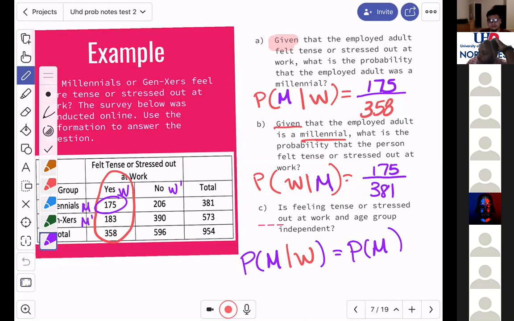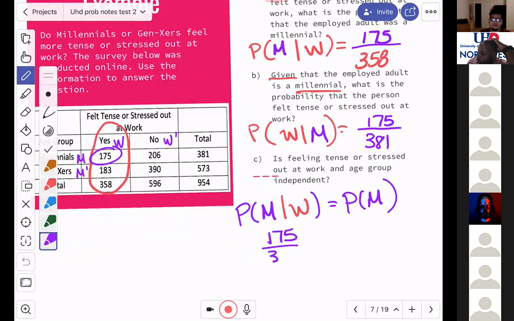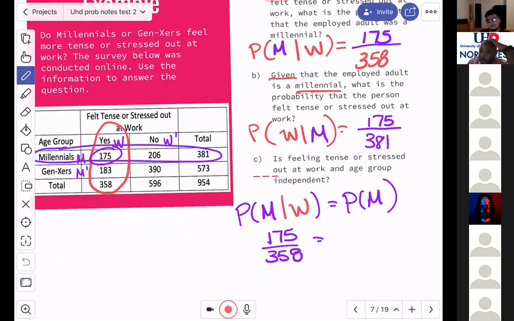We know that M given W is equal to 175 over 358. And then the probability of just M, the probability of being a millennial, is 381 out of how many? 954. So all you have to do is calculate those and see if they equal each other.